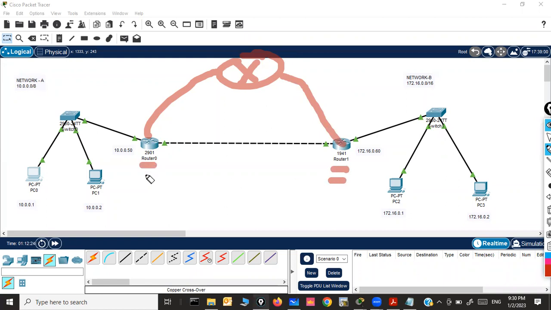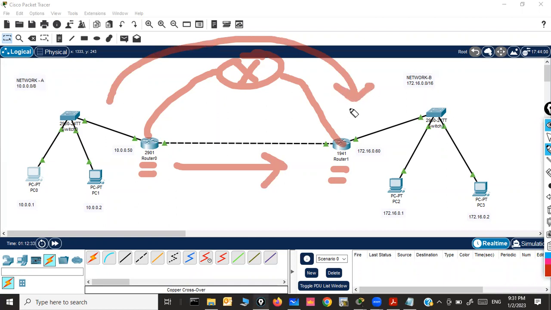So this device will perform path computation, whether I should route traffic this way or that way, which one is the best, which path I should prefer and why. This device will make the intelligent decision, not the end host device.